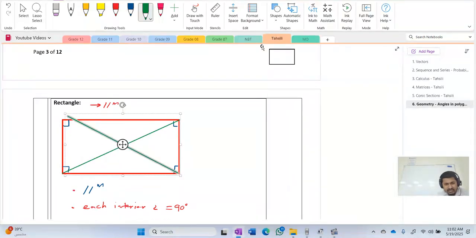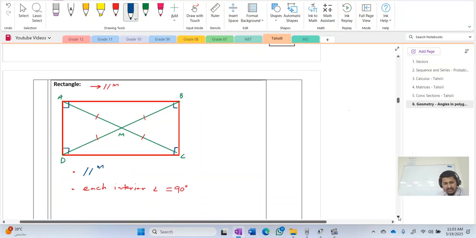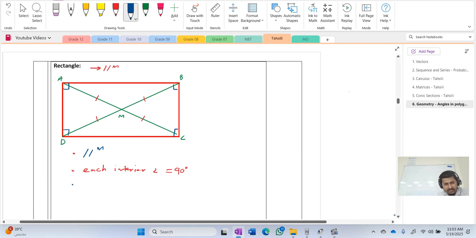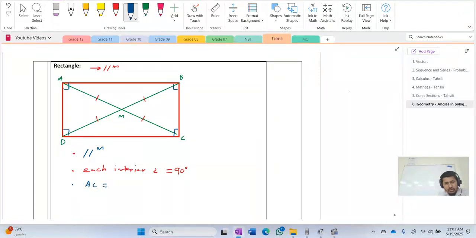So let's label this diagram A, B, C, D. We still have common midpoints, but in this case the diagonals will all be equal, right? So we do have common midpoints, and the diagonals are equal as well. So equal diagonals. In other words, AC is equal to BD.